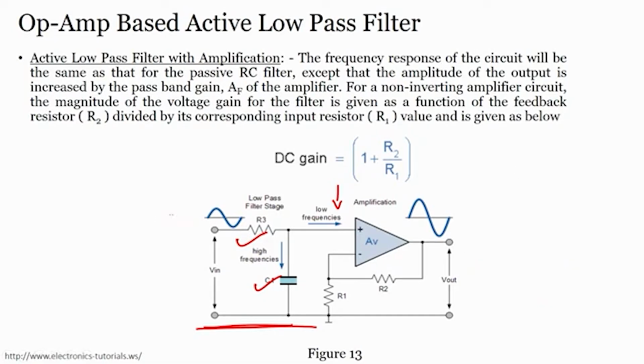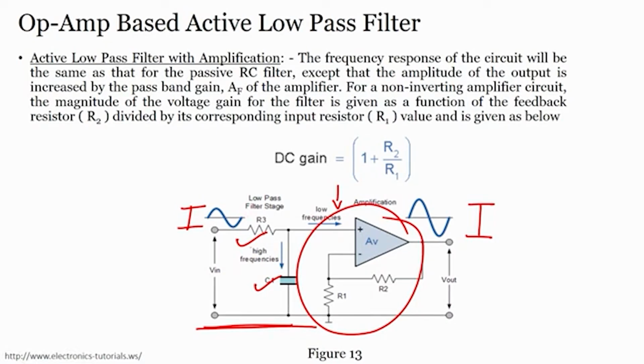You see the signal here: if I see the peak to peak voltage here and the peak to peak voltage there, there is an increase in amplitude. This increase in amplitude is given by the non-inverting amplifier.